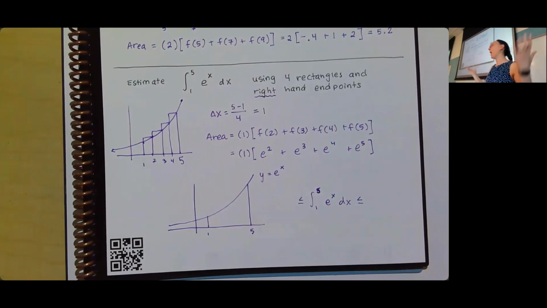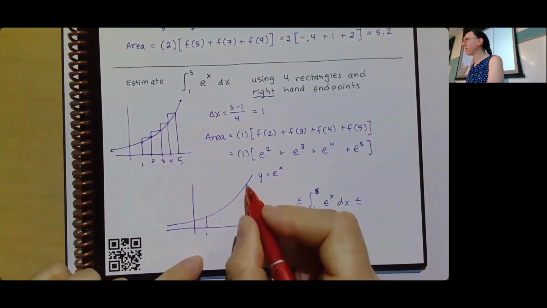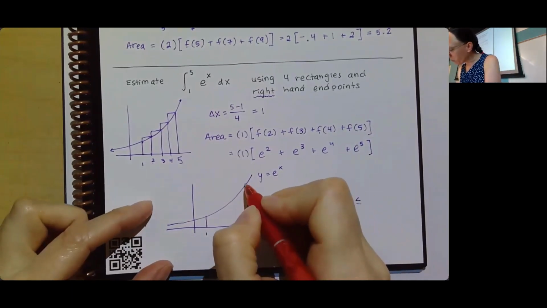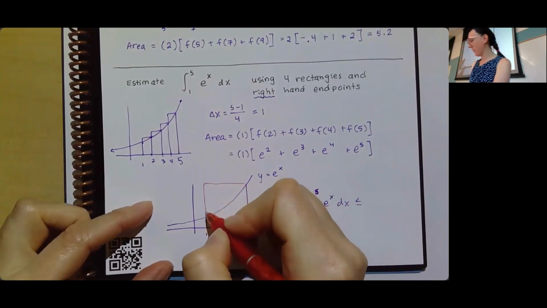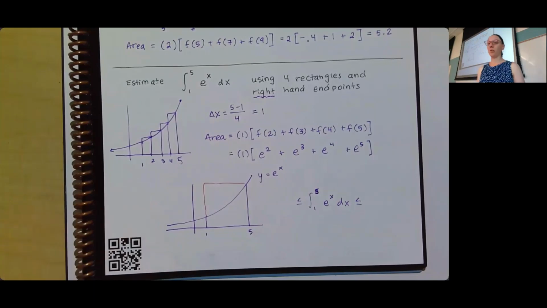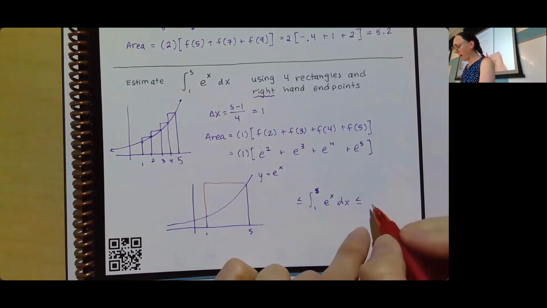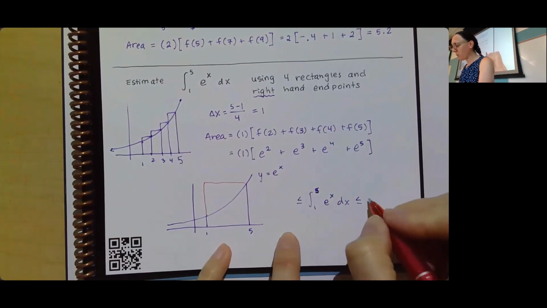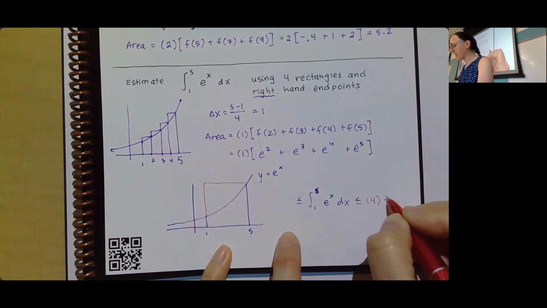And if I use one rectangle, I know that if I choose the absolute highest point on that interval, which in this case would happen when x is 5, and I draw in one big rectangle at x equals 5, for sure the true area we're looking for is less than that. And that one big rectangle has a width of 4 and a height of e to the 5.